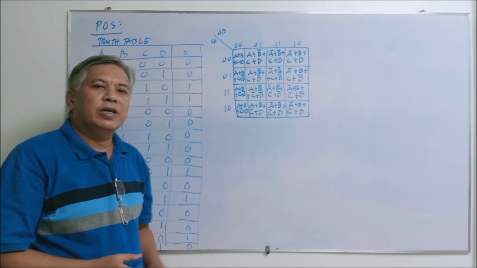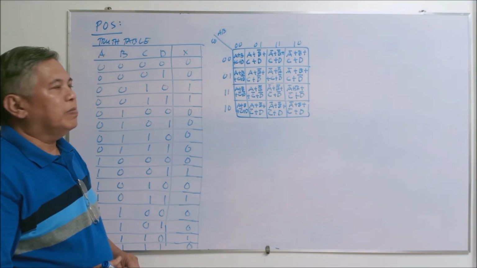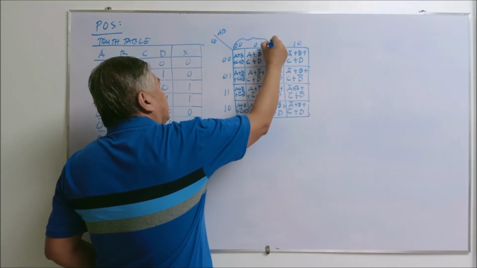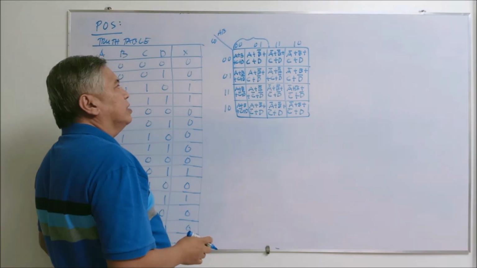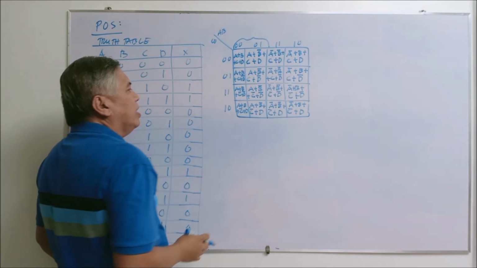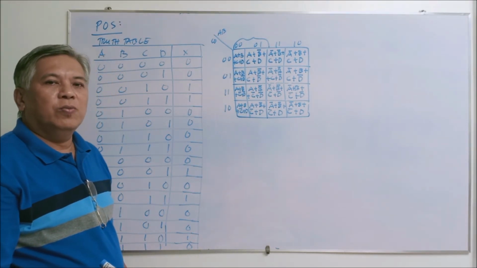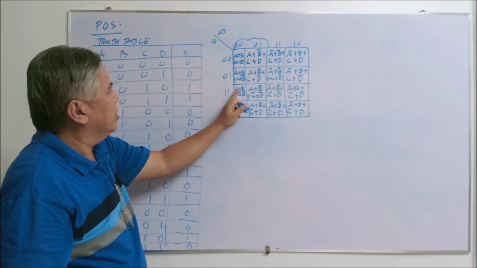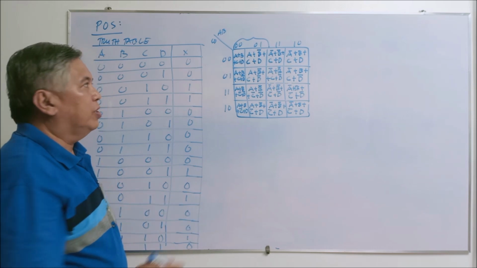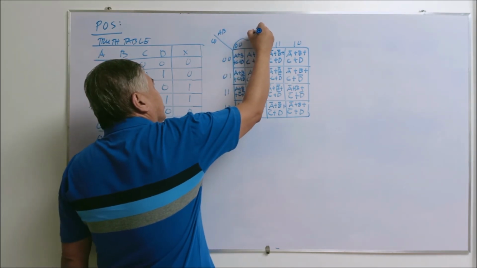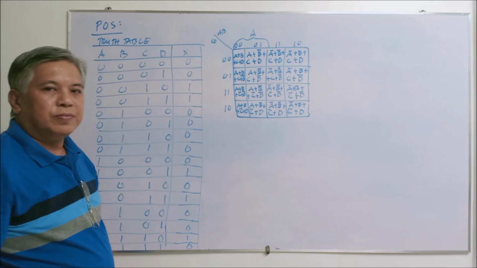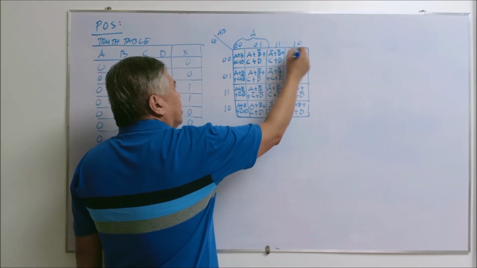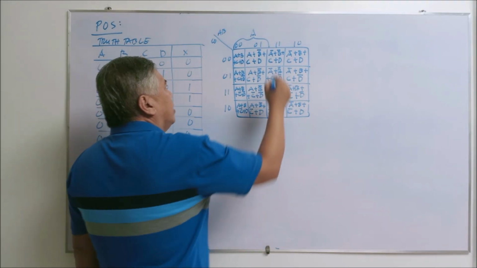That is the location of your sum terms inside your K-map. If you notice, in these 8 adjacent cells, A is the common variable. So this area here belongs to A, and this particular area here is where A bar is located.